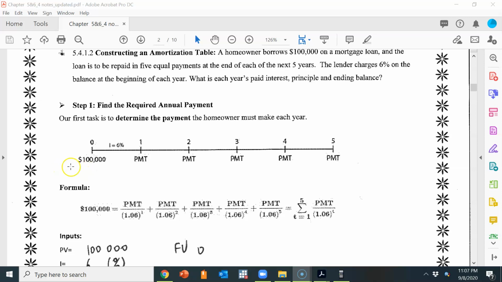We have a positive cash inflow at time 0 worth 100,000, and we're going to have cash outflows for the next 5 years at the end of each year. I'm marking payment here at time 1, 2, 3, 4, 5. And the interest rate is 6%.